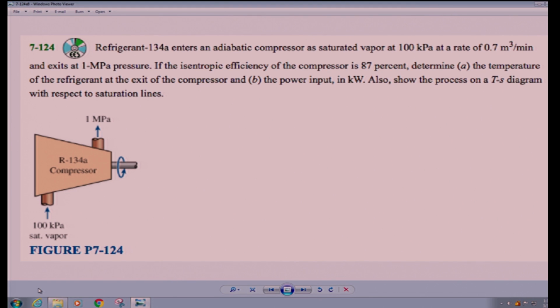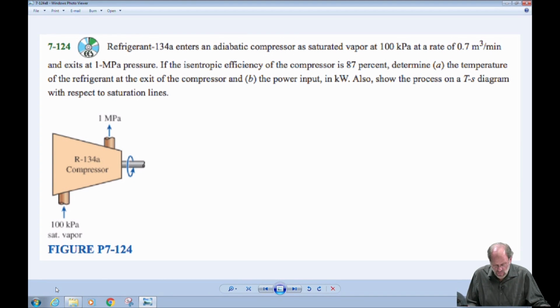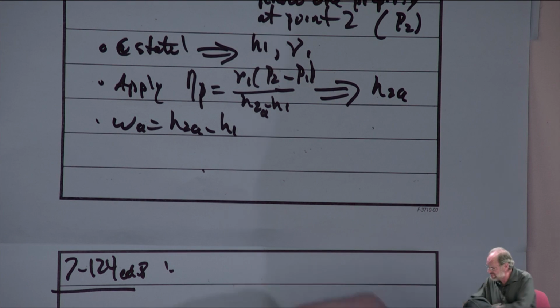We have refrigerant 134A that enters an adiabatic compressor as a saturated vapor at 100 kilopascals and at a rate of 0.7 cubic meters per minute, and it exits at 1 megapascal. If the isentropic efficiency of the compressor is 87%, then determine the temperature of the refrigerant as it exits the compressor and the power input. Also show this on a TS diagram relative to the saturation lines. All right, so that's our problem.